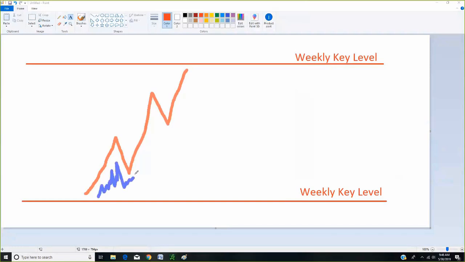Okay, that's not the best looking, but my point is there's the daily time frames going on within the weekly time frames. And then you could even drop it down to the 4-hour, and there's all these time frames going on within that. So the question is, draw your trend line on what?